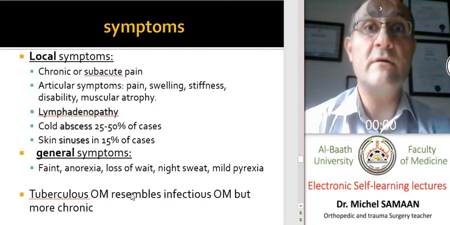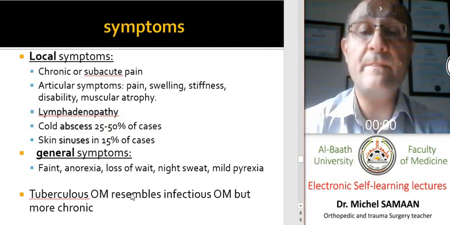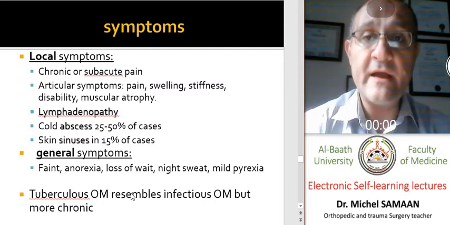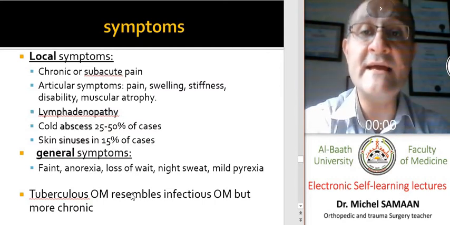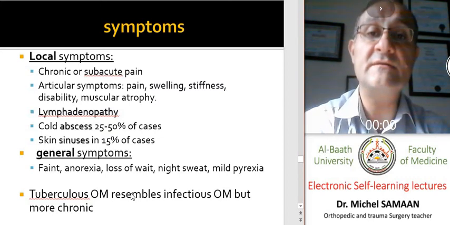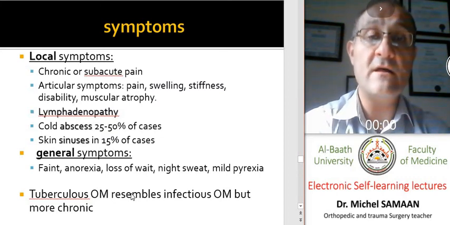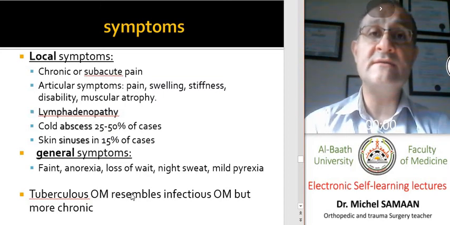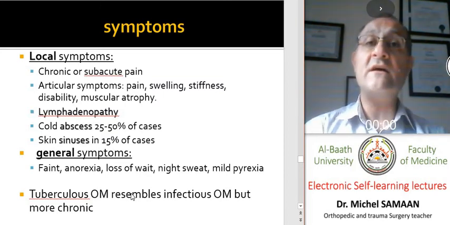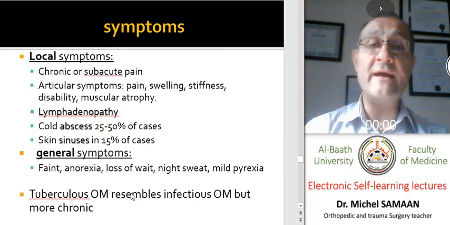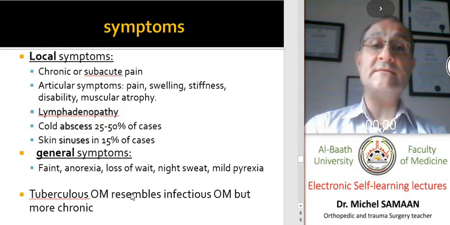We may have a well-defined lymphadenopathy, the presence of cold abscesses in up to 50% of cases, and skin sinuses in 15% of cases. The general symptoms are those of tuberculous infection, such as pain, anorexia, loss of weight, night sweats, and mild pyrexia.